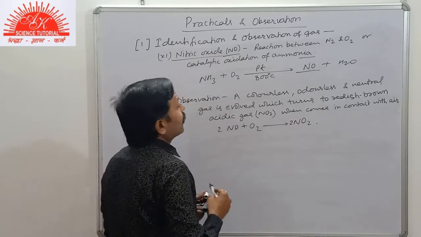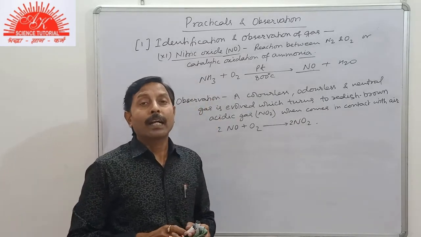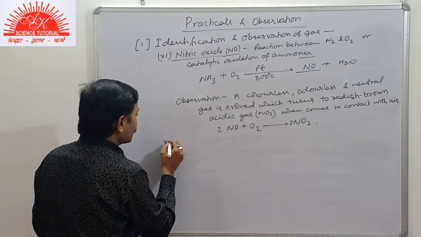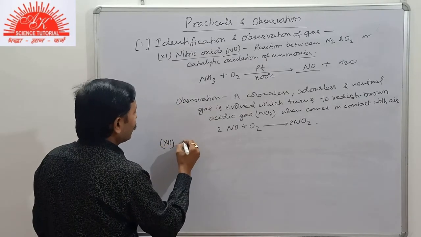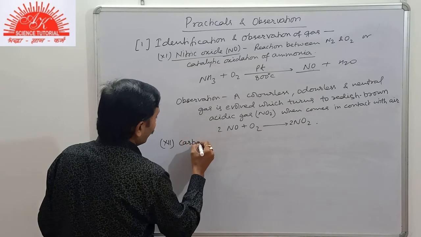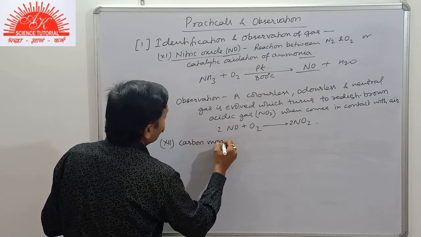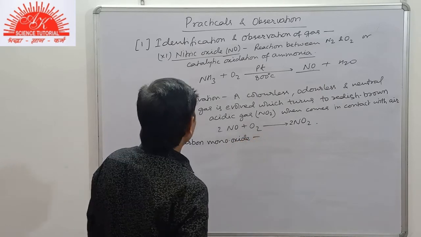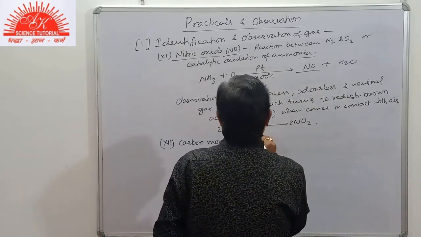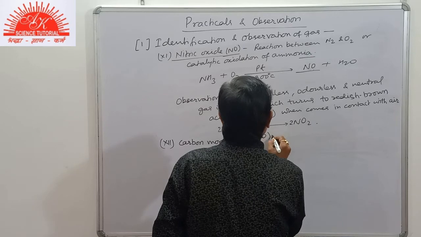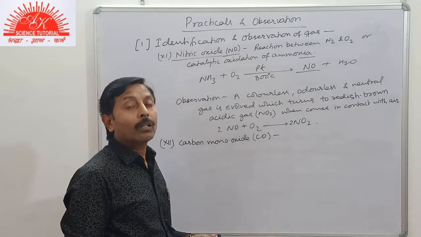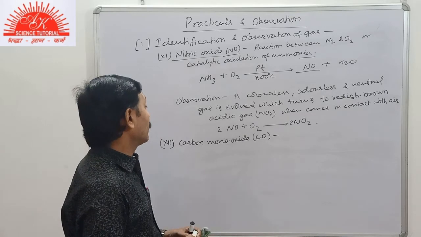So students, these were some of the gases. Now one more gas, although it is not asked generally, but we can have this gas, carbon monoxide. Actually this gas is obtained by insufficient combustion of carbon containing compounds or allotropes of carbon.